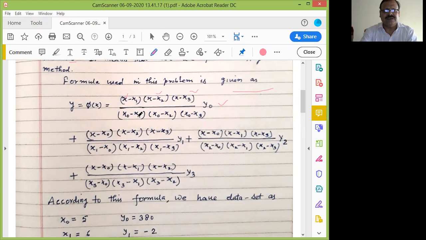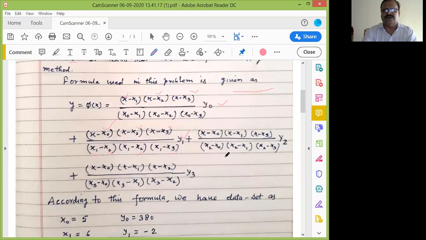Second part of the formula is y1. Here x1 is taken: x1 minus x naught, x1 minus x2, x1 minus x3. In the numerator, x1 is left out, otherwise this will be 0: x minus x naught, x minus x2, and x minus x3.